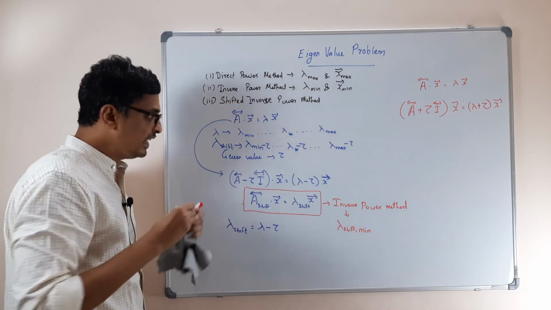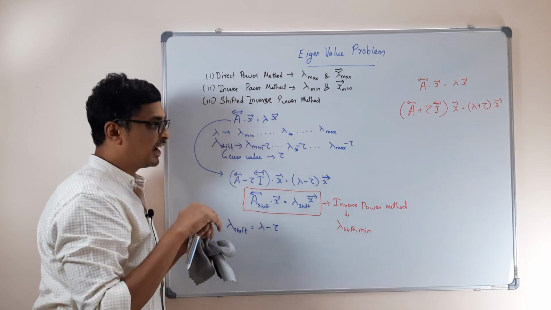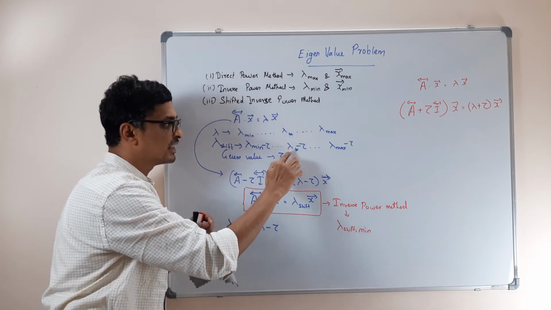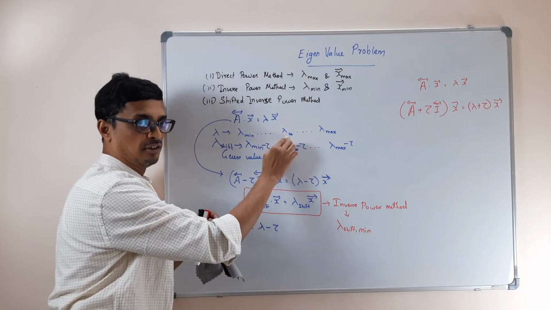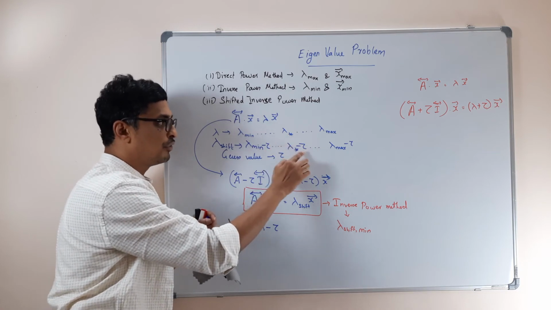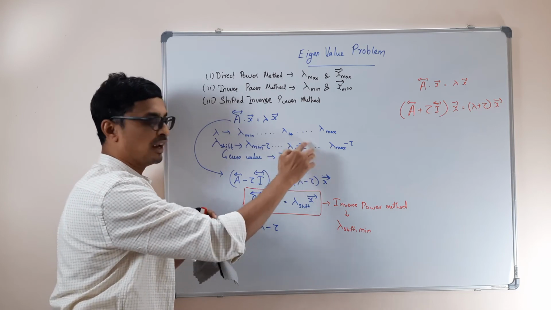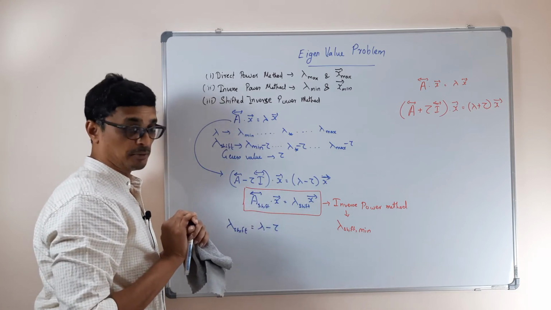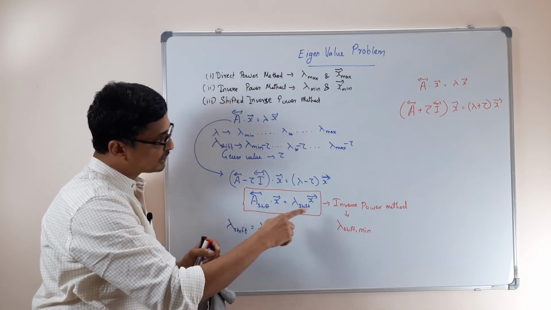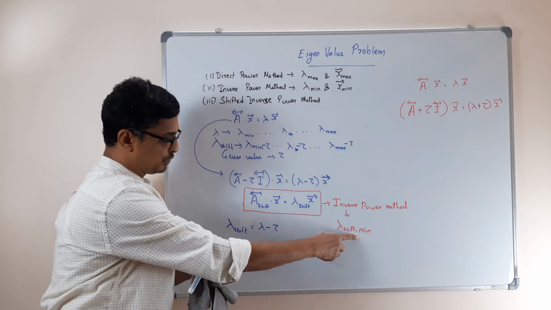Since λ star and tau are very close, because that is our guess, this will have the minimum magnitude, whereas the other values will have larger magnitude.